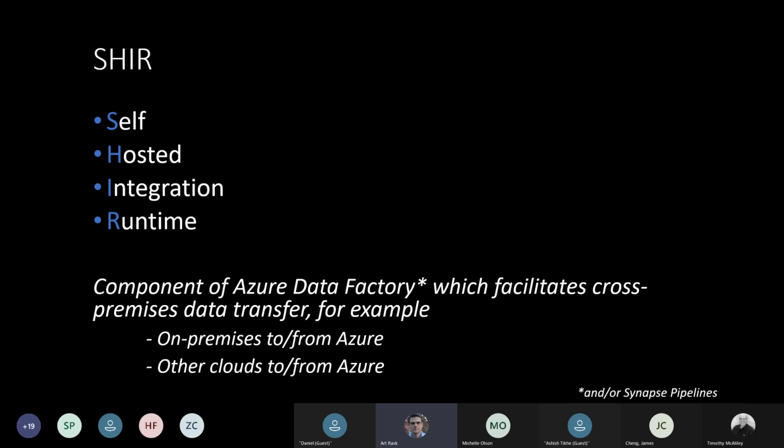So I may use those terms interchangeably in this talk. They basically refer to the same thing. Azure Data Factory remains as a standalone service because there's lots of scenarios where Synapse is not part of the picture. But whenever we're working with Synapse, we typically use it as Synapse Pipelines, which is just the same functionality integrated into the Synapse portal. And in fact, the demos I do today will be using Synapse Pipelines.